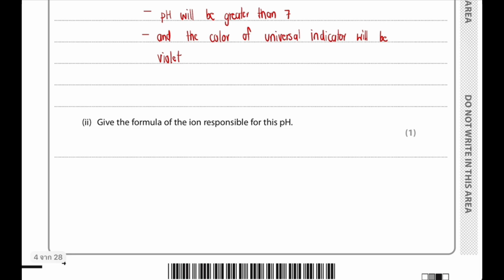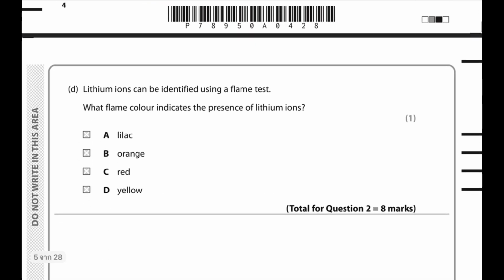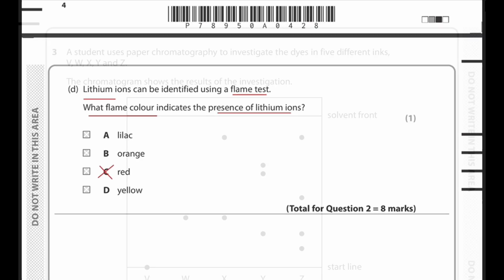Then next, give the formula of the ion responsible for this pH. So of course it will be hydroxide ion, or OH negative. And question D. Lithium ions can be identified using a flame test. What flame color indicates the presence of lithium ions? So it will be red.